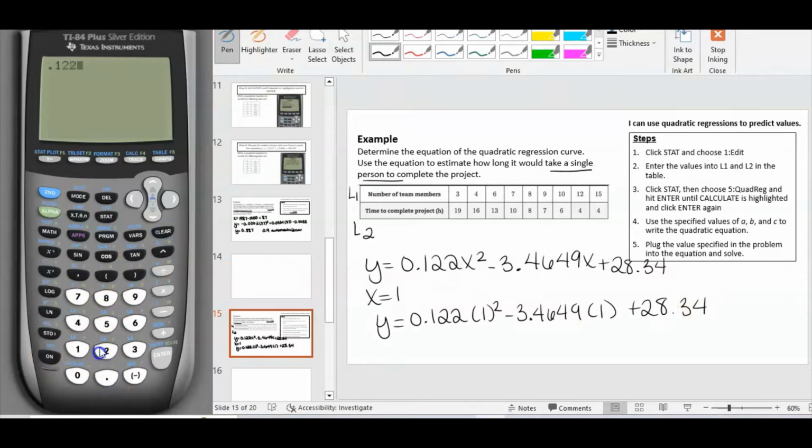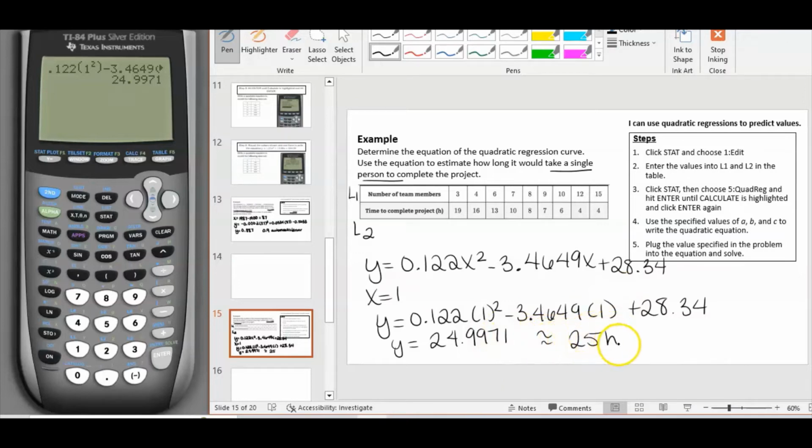I have 0.122 times 1. 1 squared is just 1, but you can type that in if you want to. So minus 3.4649 times 1, and then plus 28.34. Just hit enter, and it calculates it for us. It says y equals 24.9971, so it's going to be about 25 hours for a person to complete the project on their own.